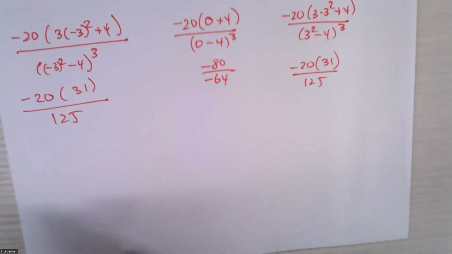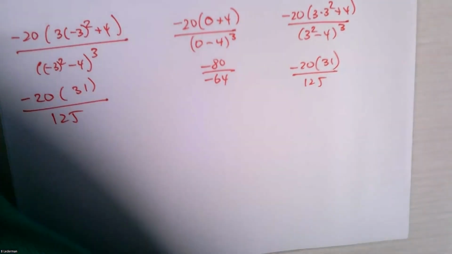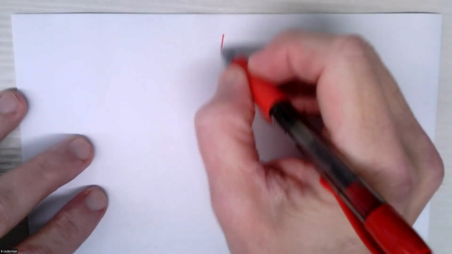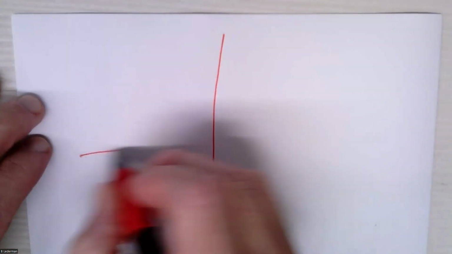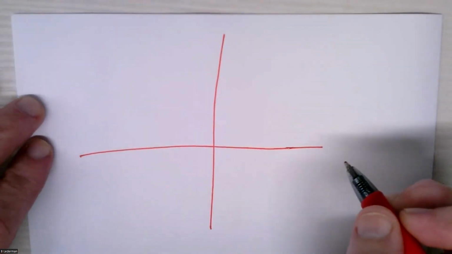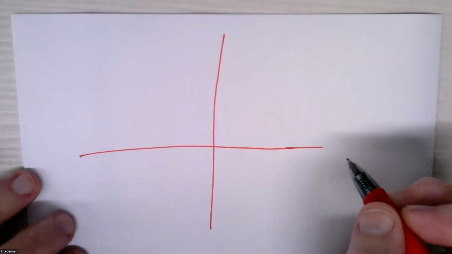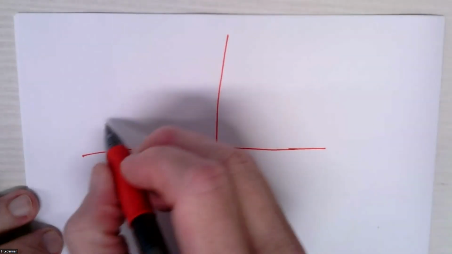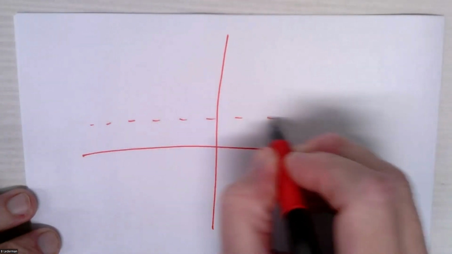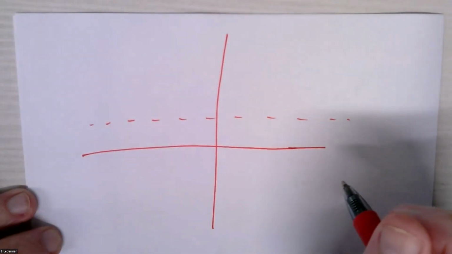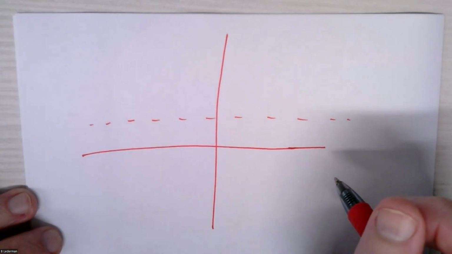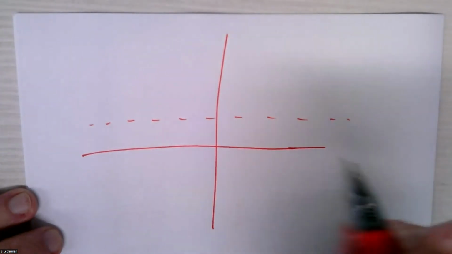And let's see if we can put it all together a little bit. So we know we have a horizontal asymptote at y equals 2. And we know we have a vertical asymptote at x equals plus or minus 2.